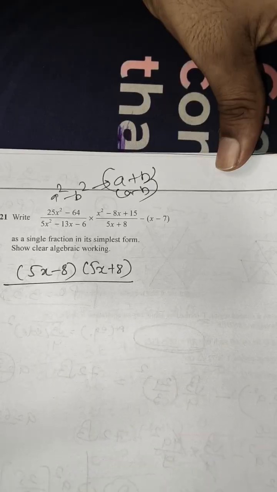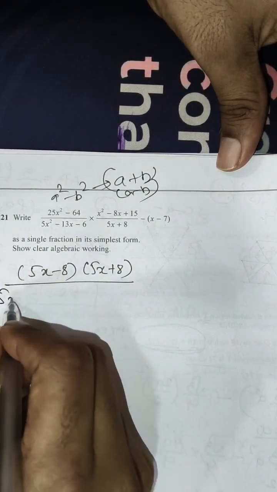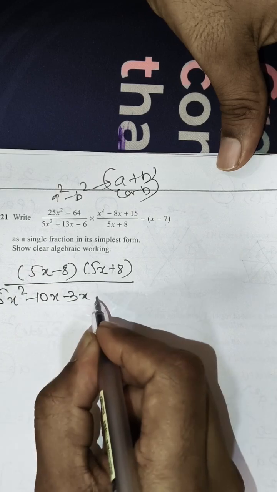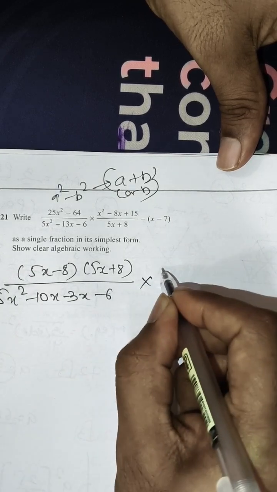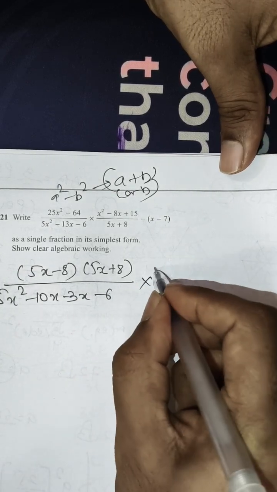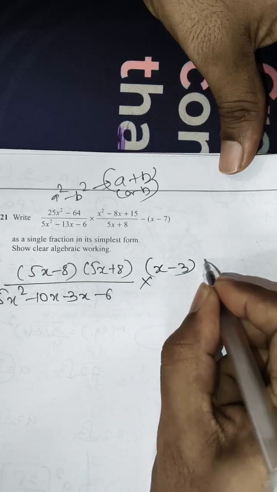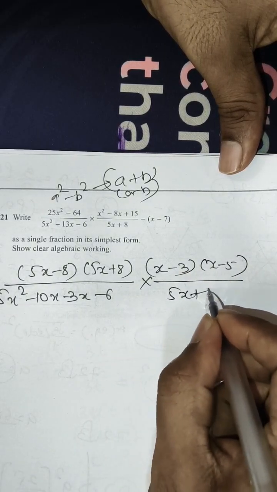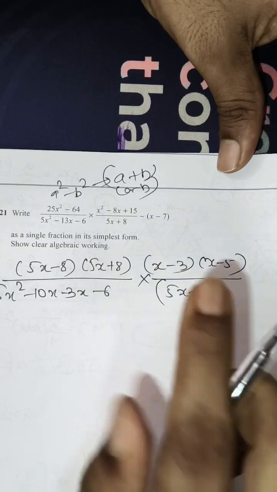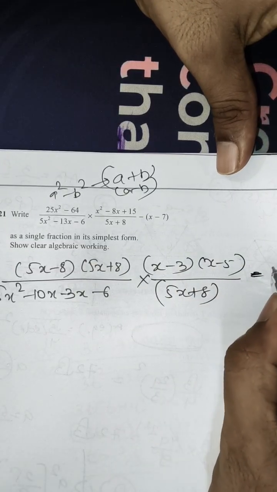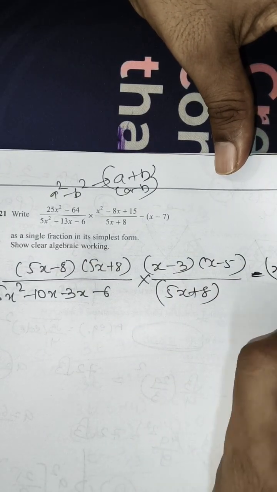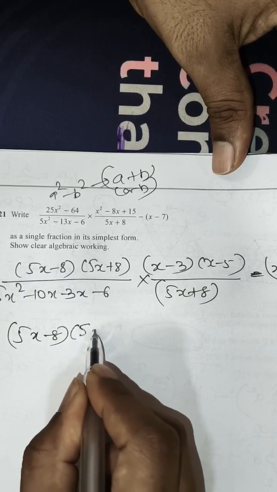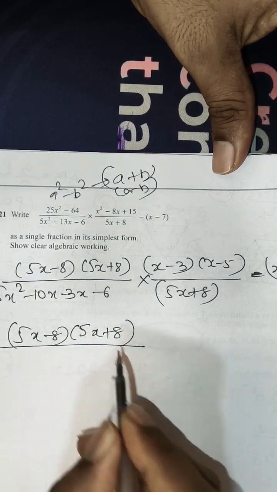I'm going to write the expansion of this as 5x square minus 10x minus 3x plus 6 into x square minus 3x minus 5 upon 5x plus 8. Can you see this and this might get cancelled, is equal to, sorry, minus x minus 7. Okay, so 5x minus 8, 5x plus 8.